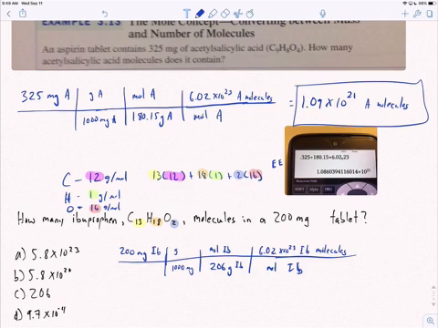Okay, let's go here. So how many seconds are there in a year? You know that 1 year has 365 days, 24 hours in a day, 60 minutes in an hour, and 60 seconds.